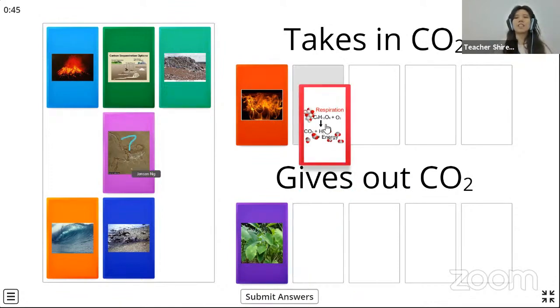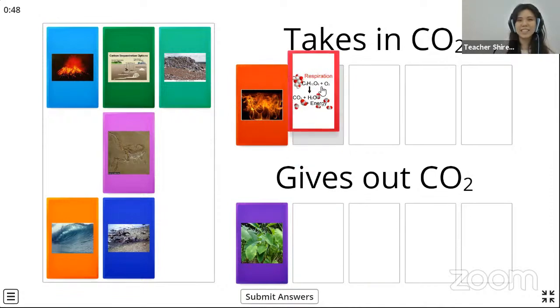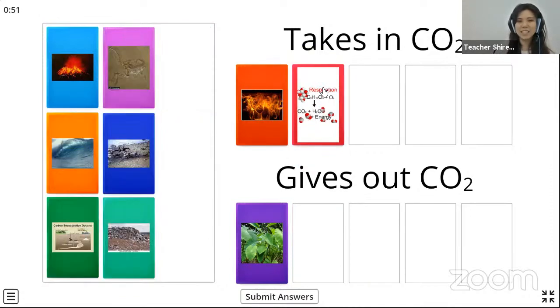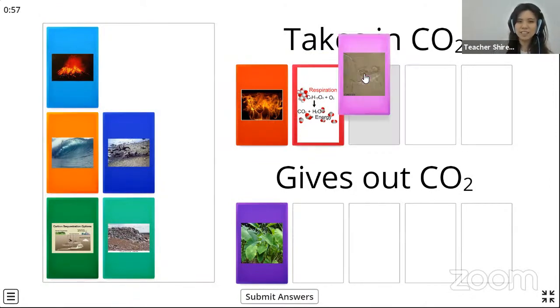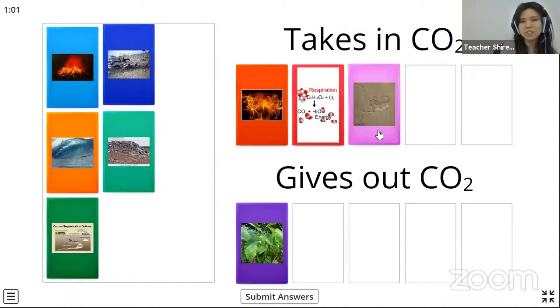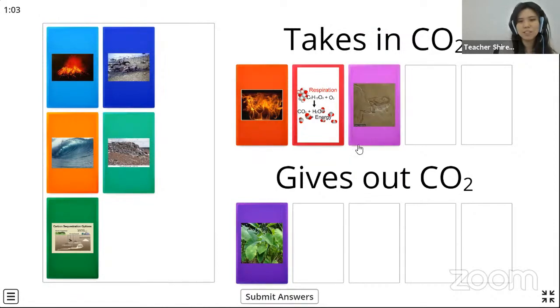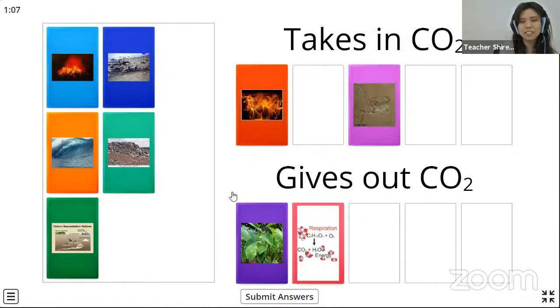Breathe out is give out. Anything which is normally hot, you give out carbon dioxide. Normally, anything that gives us a cooling feeling is because it gives out oxygen and takes in carbon dioxide.